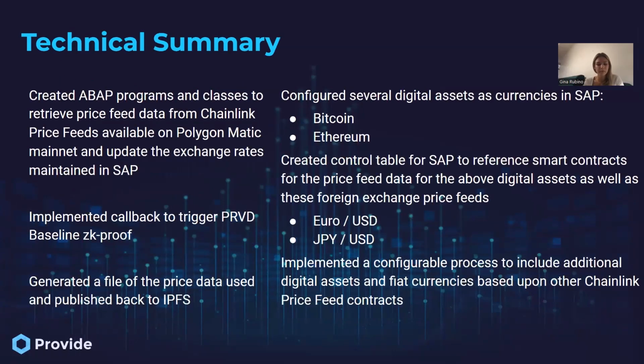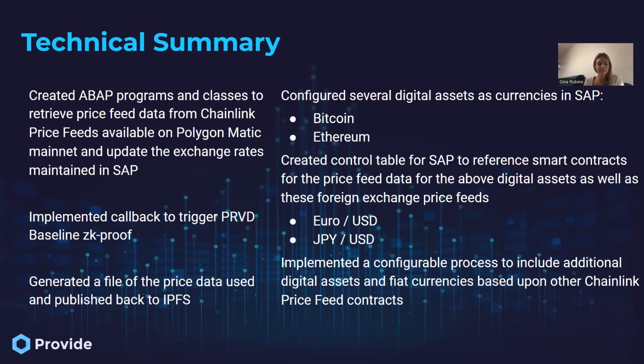So a bit of a technical summary of what we did. We created some ABAP programs to consume the Chainlink price feeds from Polygon, and we updated those exchange rates inside of SAP. We implemented that callback to trigger that PRVD baseline proof, and we published that price data into a file back onto, not to SAP, back to IPFS.